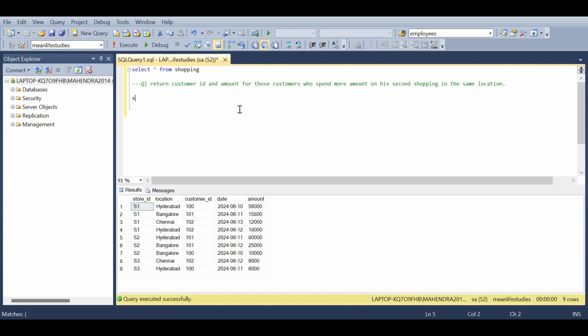Now we will return all details from the table, or else we'll return only our required location, customer ID, date and amount. Now what we have to find out, or we need to check with the first day amount, right?